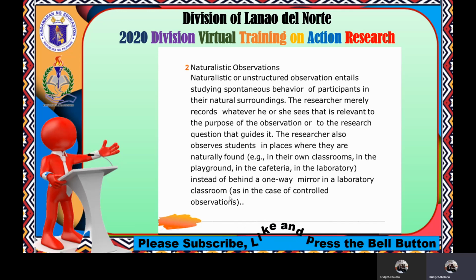Ingon ana gyud, lain-lain jud og result, lain-lain gyud og conclusion. Magdepende gyud na sa imong respondents. Technically, repeatability or replication of the intervention may not be as precise as the original implementation.